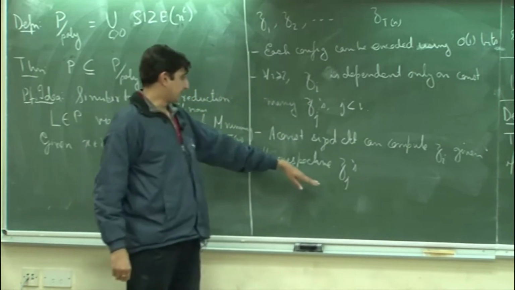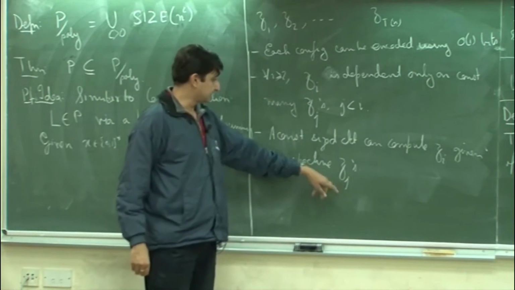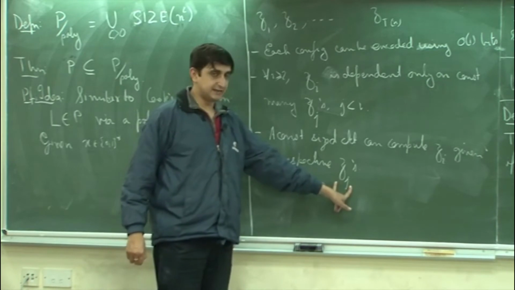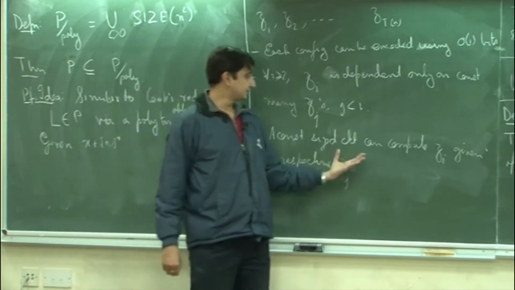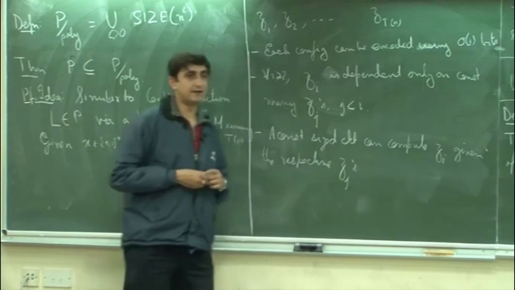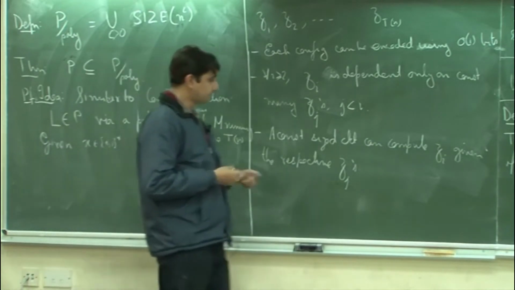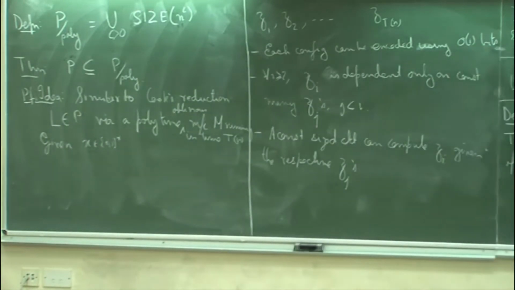Suppose you are given the circuits for all those previous Zj's, there is just a constant size circuit which will compute the value of Zi for you.